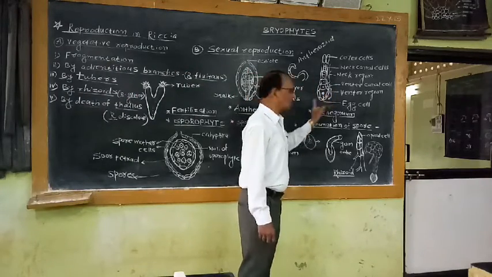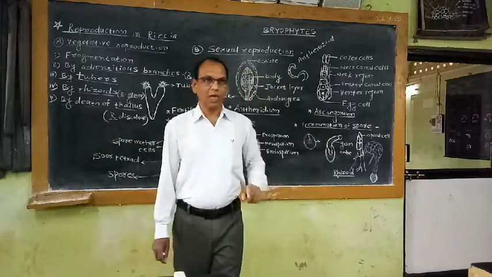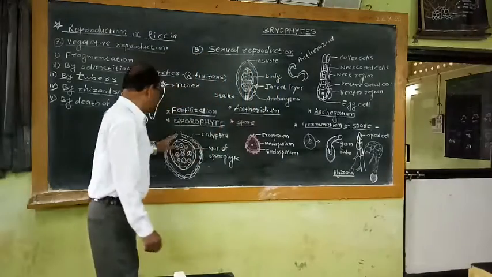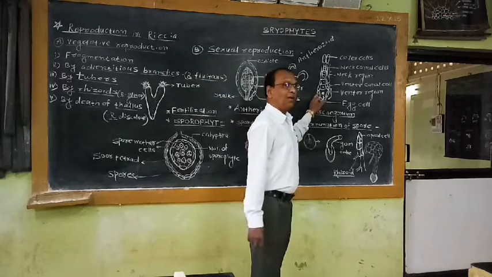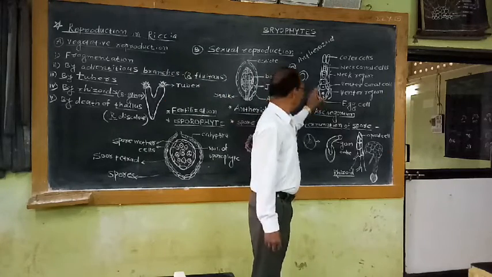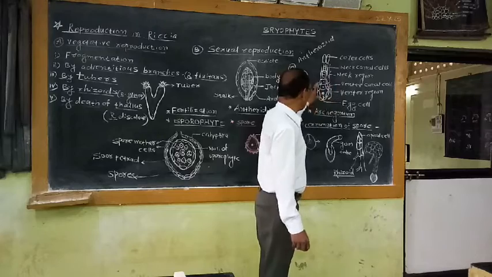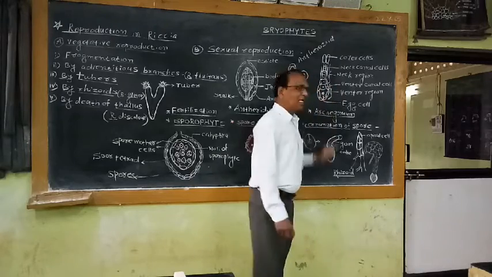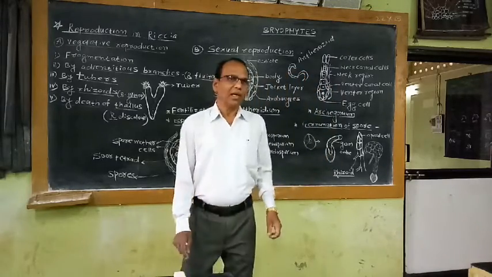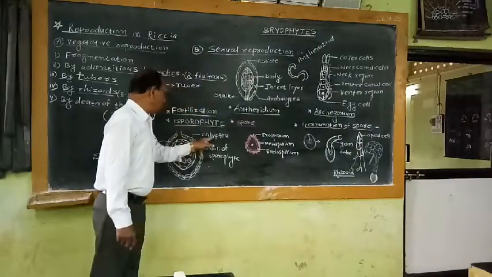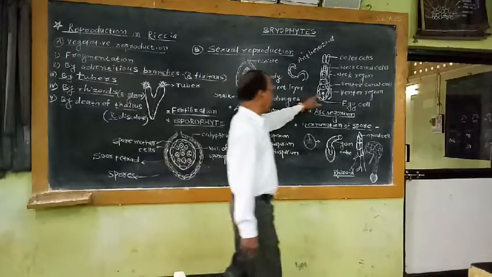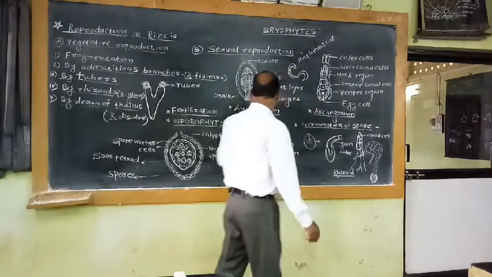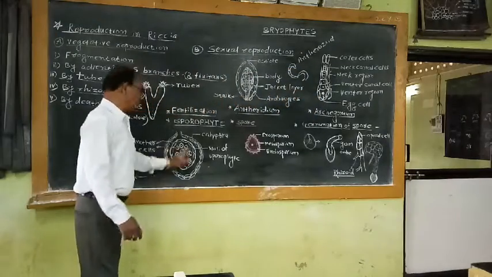When the zygote is developed, at that time the calyptra is developed from the wall of the venter. The basal portion of the archegonium is known as the venter. This wall of the venter divides anticlinally and periclinally and forms this two-layered calyptra. And inside this calyptra, the zygote redivides and produces the sporophyte.